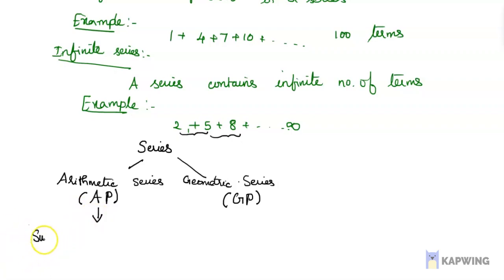The successive terms increase or decrease. Why am I using increase or decrease? Because from the sequence, while defining the series, we are adding or subtracting, that is, we are including plus or minus sign. So that's why we say increase or decrease.